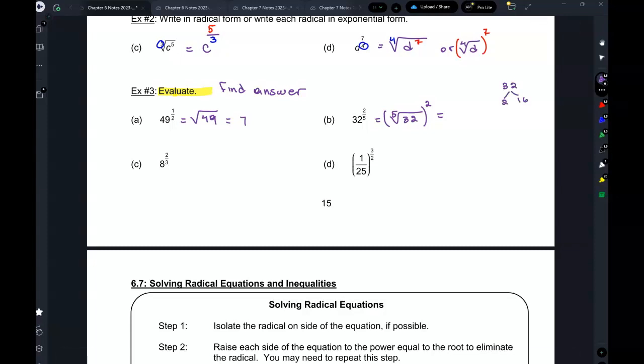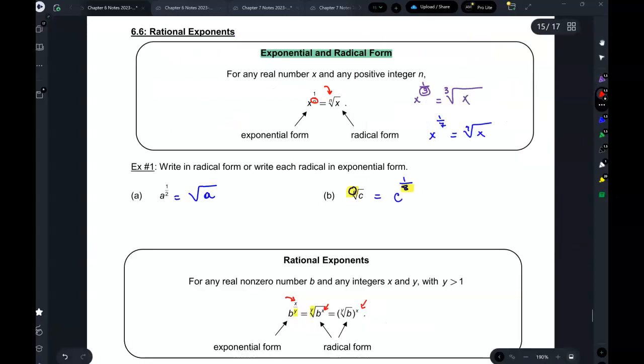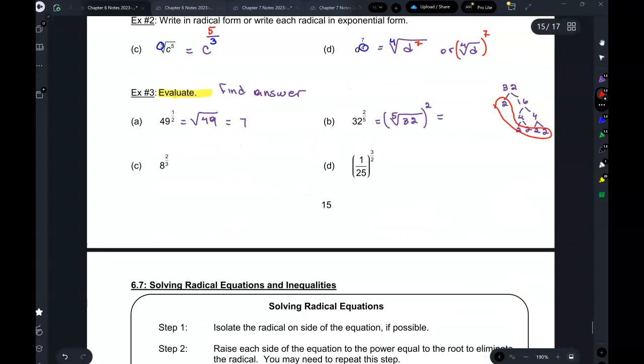So this is 2 and 16, 4 and 4, 2, 2, 2, 2. If we have a 5th root, how many are we going to group by? 5. So all this comes out as a 2 to the power of 2, so this is a 4. All right?